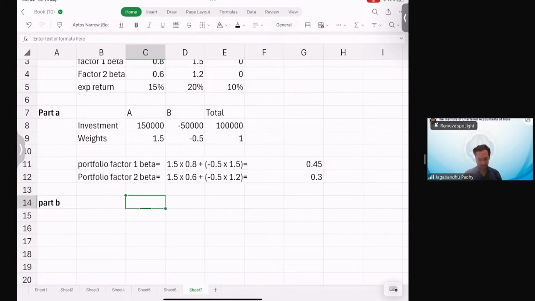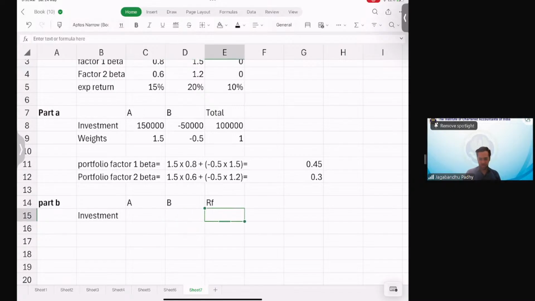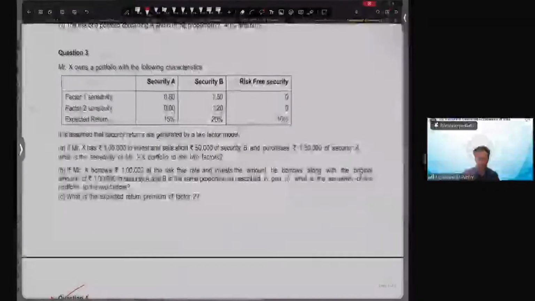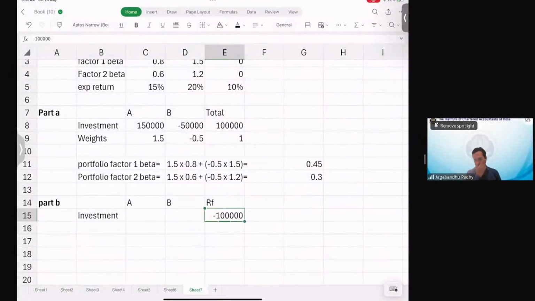we have security A, B, and risk-free. When we talk of investment, we're saying you're borrowing 1 lakh at risk-free. So 1 lakh will be negative. So 1 lakh of yours and the amount borrowed is 1 lakh.